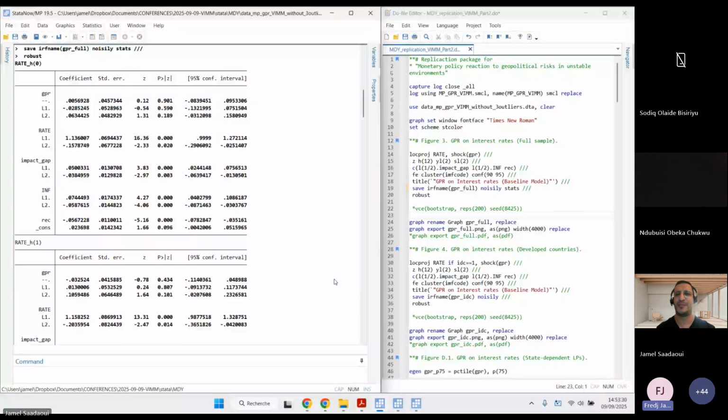I don't know if I understood it correctly. You have 18 countries in the sample, right? Yes. I don't know which are these countries, but basically, even though they are concerned by the GPR shock, the size of the GPR shock varies from one country to another.